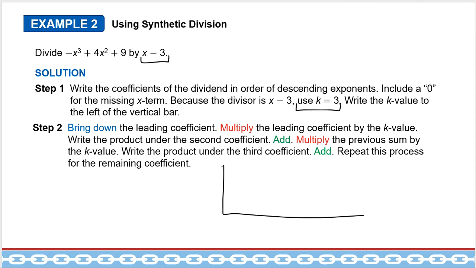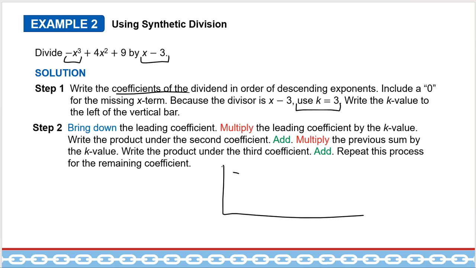Okay. Step 1, write the coefficients of the dividend in order, use a 0 for any missing terms. So, first term right here, negative x to the third.